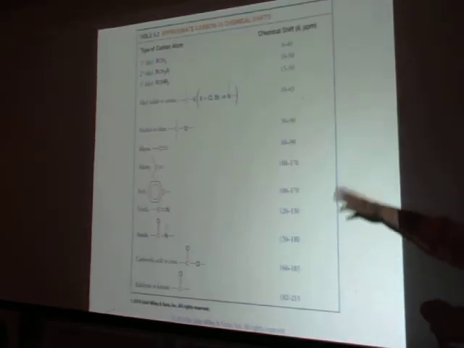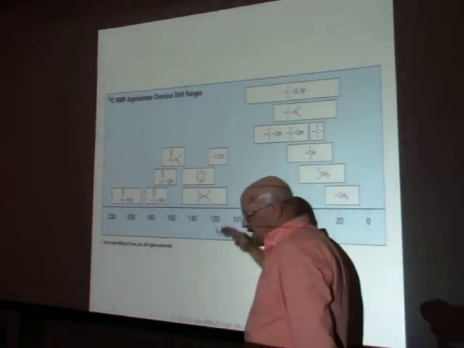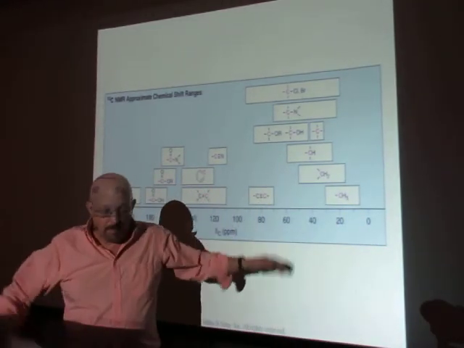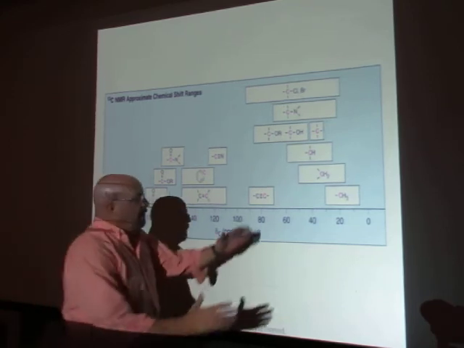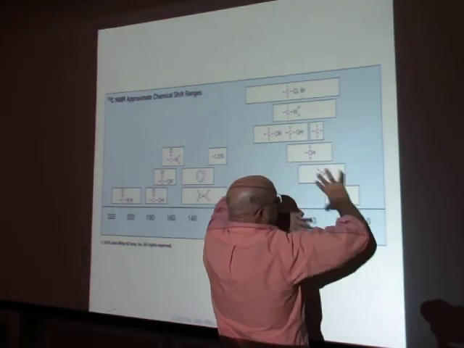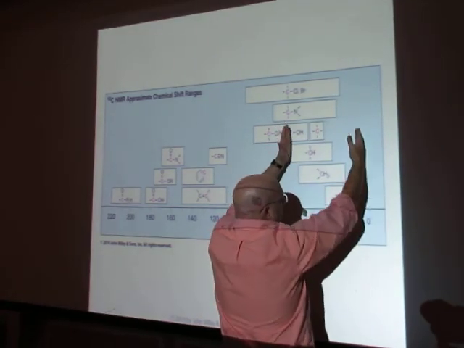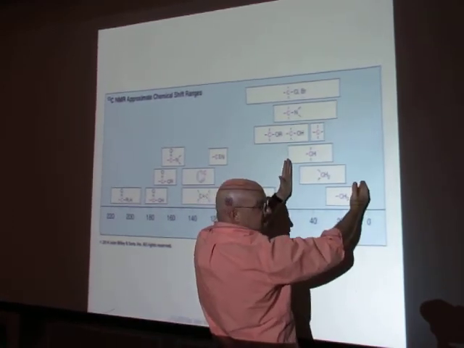Now here's a chart of where things come. I don't like it this way. I like it sideways. So this makes more sense. This is similar to what I gave you with the proton. Here's just the carbon version. You don't have to remember exactly what all these are. We have sp3 carbons from about 0 to about 50 or 60.